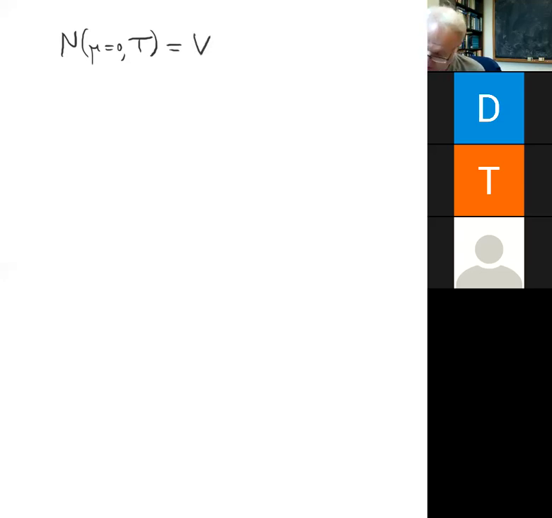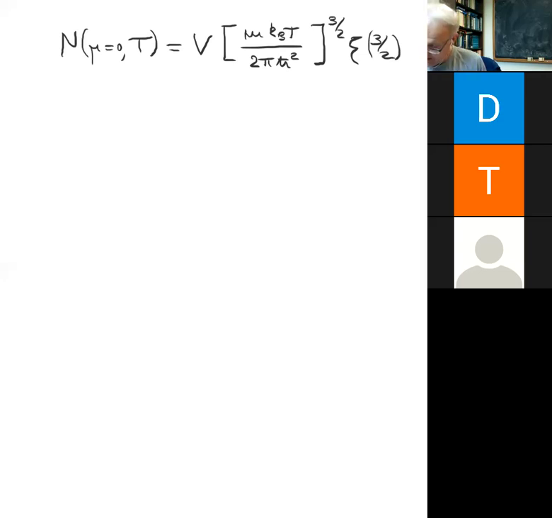So there's a total volume factor, and then m k Boltzmann T divided by 2 pi h bar squared, to the 3/2, times this zeta function of 3/2.